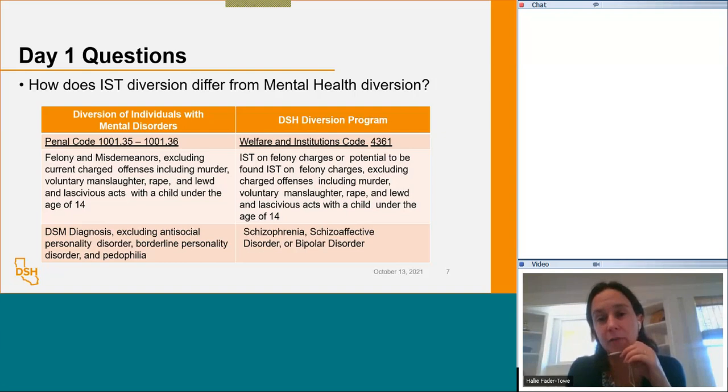It's also possible to think about Department of State Hospitals funded diversion as a funding stream that can be used to divert certain people in another program that's broader. So that might be another way of thinking about how the penal code and the Welfare and Institutions Code pieces come together.